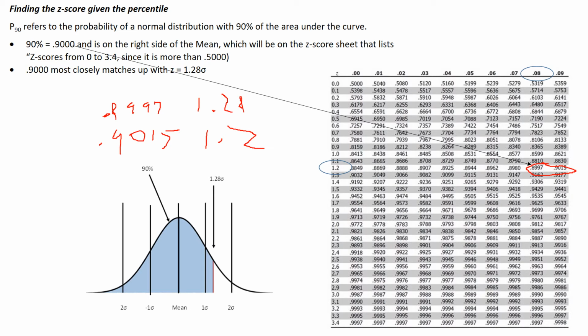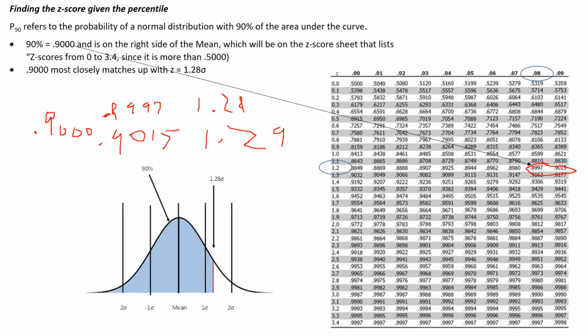Which one do we pick? Again, I apologize for my writing. Very difficult with this mouse. Well, the score I'm looking for is 0.9000. See if I can close that 9 up a little bit. That looks like a lollipop, but you get the idea.